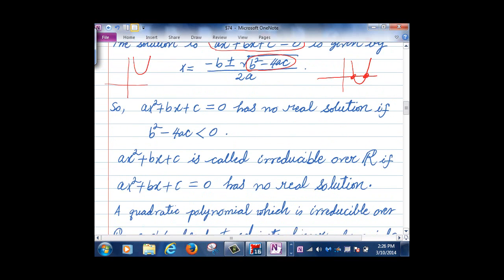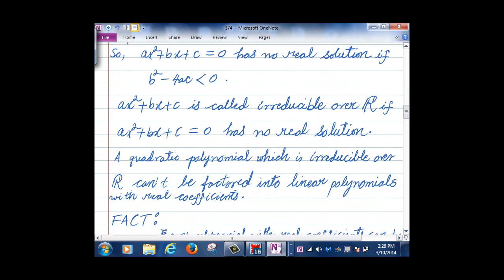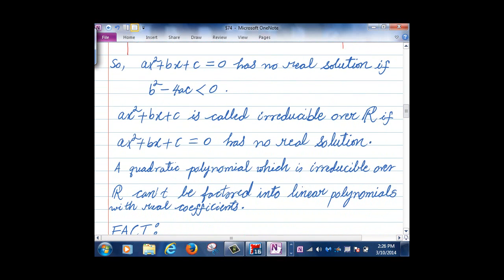Once again, our definition of irreducible is that if I have a quadratic polynomial, I call it irreducible if the corresponding quadratic equation has no solution. When you have an irreducible quadratic, it cannot be factored any further.